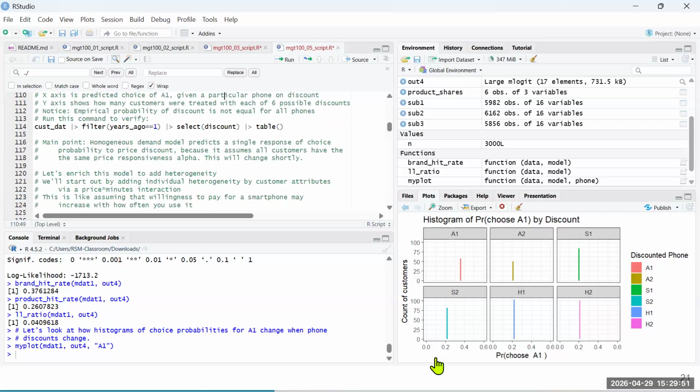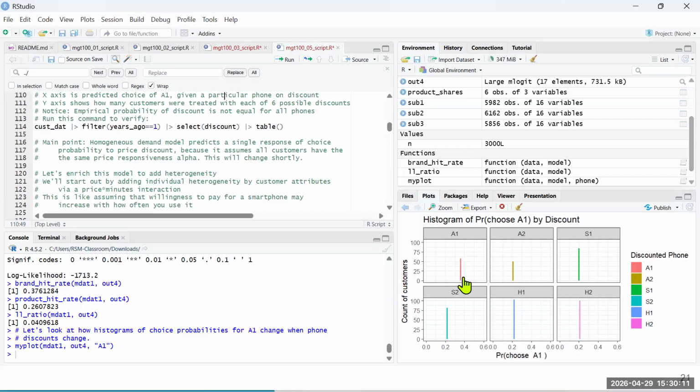Now, one thing to notice is that we've got an x-axis, which is in the probability space going from 0 to 0.6, and a y-axis in the count space. And these are going to be histograms. They already are histograms, but they're degenerate histograms.